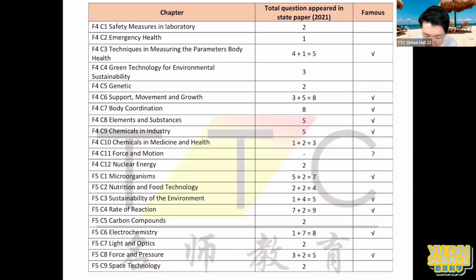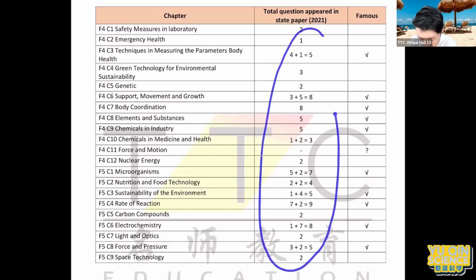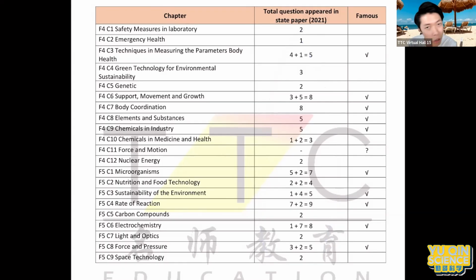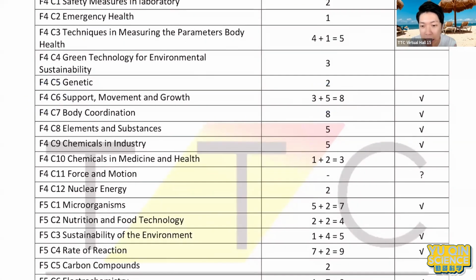Okay, I have come to a realization, or discovered that out of so many state papers, these are the accumulative questions in all the state papers. For example, Form 4 Chapter 4, Support, Movement and Growth, there are 8 states that came out with the same topic. So I was like, oh wow.